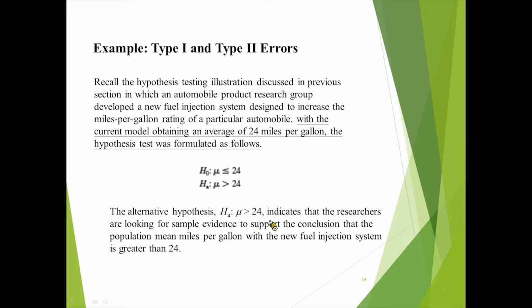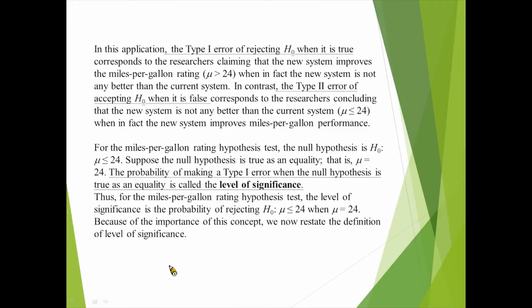So HA, mu larger than 24, indicates the researchers are looking for sample evidence to support the conclusion that the population mean miles per gallon with the new fuel injection system is greater than 24. Okay. So we can see the type 1 error.